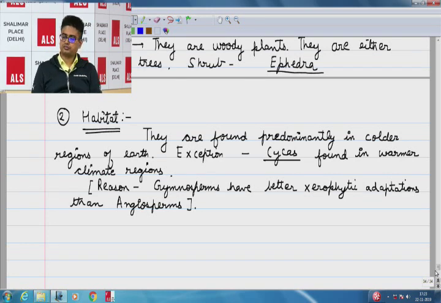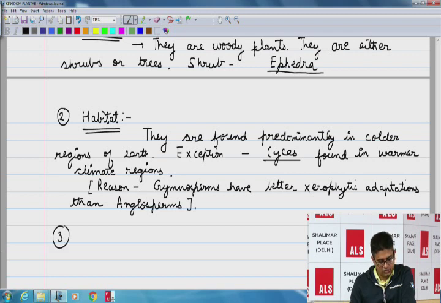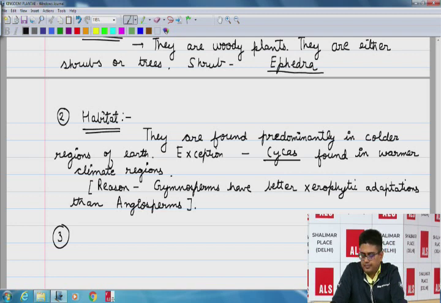All right. Now after this, we have to cover root, stem, and leaf, and it will take some time to explain the type of root found in gymnosperms.